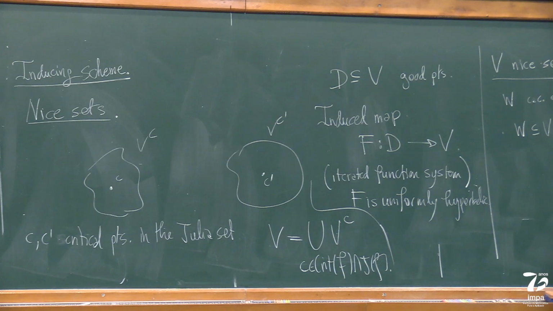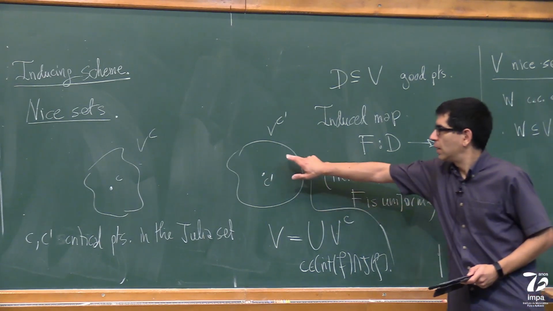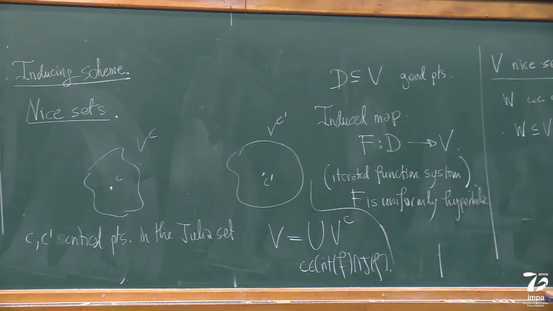And there are periodic points that come close to the critical point, so they do enter this nice set, but they don't have a good return. And in those situations, you just lose the periodic point.